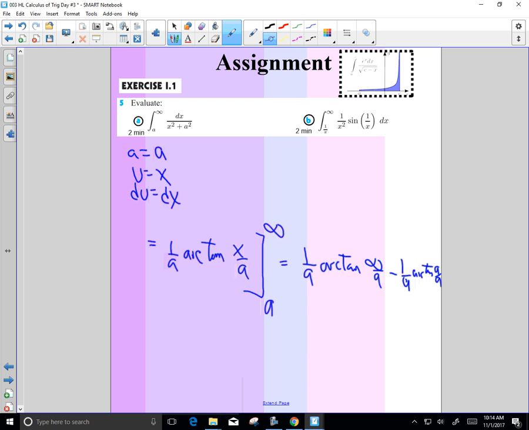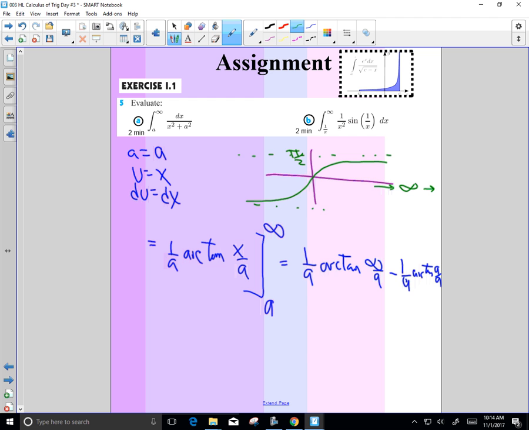Now I'm going to draw you a picture, and you're going to remember this from before. Here is arctangent. What is the limit as you go to infinity? No, not 1. It's pi over 2.